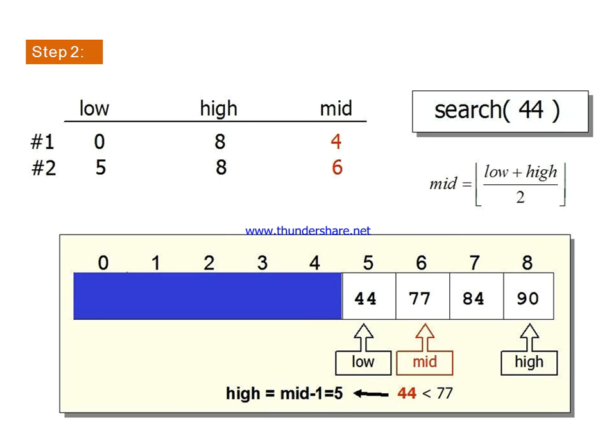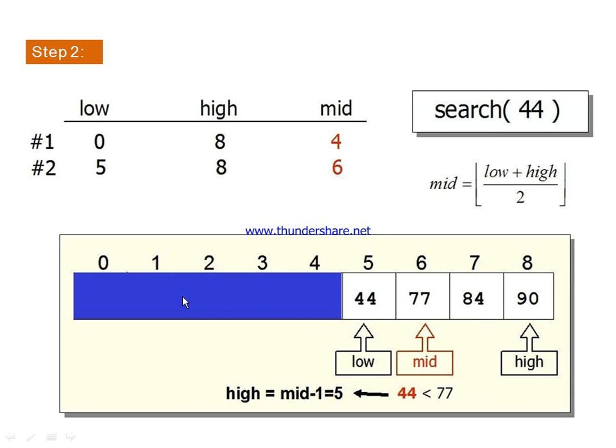If we are moving backward from the middle, then you have to change the high value. If you are moving forward, you have to change the low value. Initial low is 0. If I am searching in the second half, this low should come to 5.